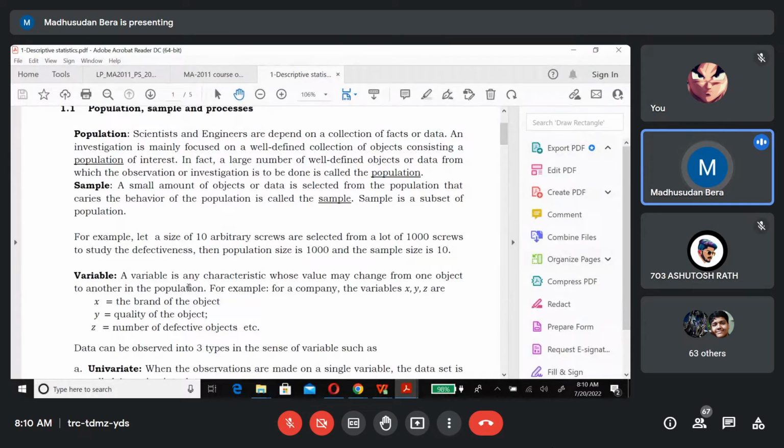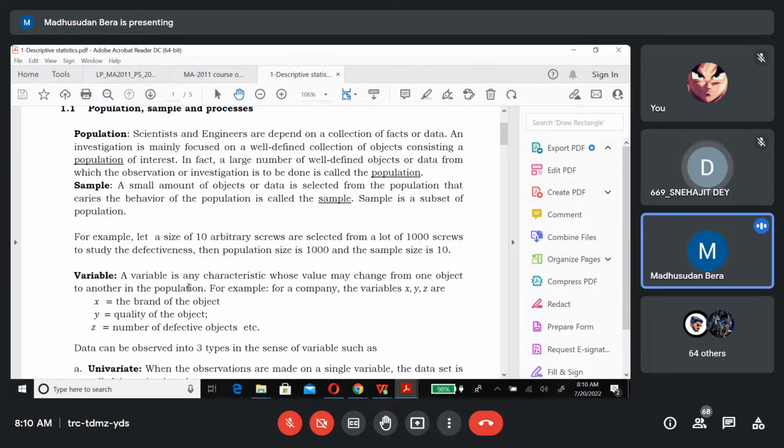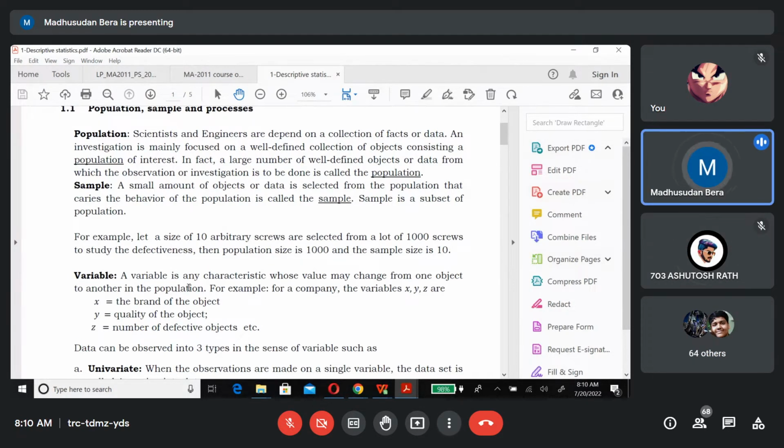Suppose the height of a student. Some student's height is 5'6", 5.5. Someone 5.4. For some student 5.5 again. For some 5.3. Some 5.1. That way. So a variable is any characteristic whose value may change from one object to another in the population.